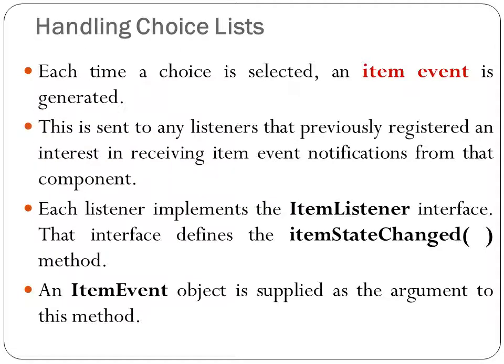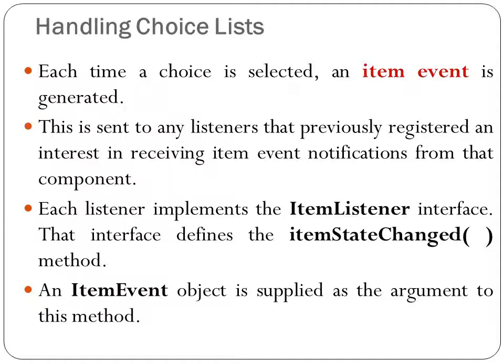Next topic is how to handle events of choice. Whenever a choice is made, an item event is generated. We have studied item event in AWT event handling, and in order to handle that, we have to register listeners. Listeners will be notified when an event is generated.